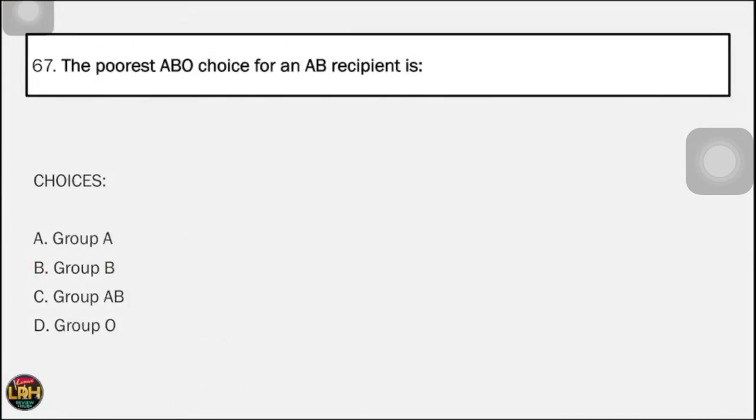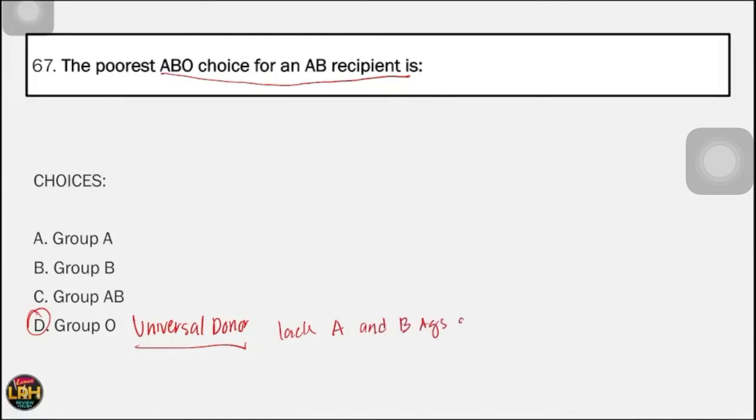Number 67. The poorest ABO choice for an AB recipient is Group O. Why Group O? Group O is considered the universal donor because they lack both A and B antigens on the red cell membrane.